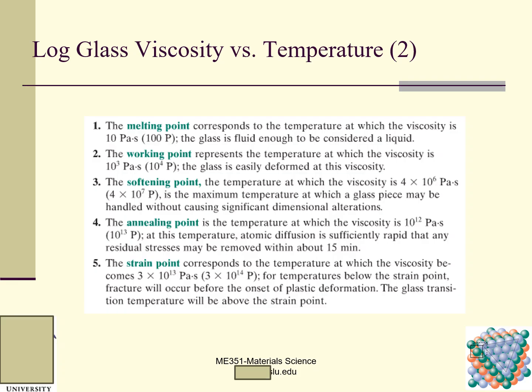The glass transition temperature will be above the strain point. So these observations are very, very important. I want you guys to know these, to internalize these observations in your mind, and change this knowledge into your own knowledge in your knowledge database.